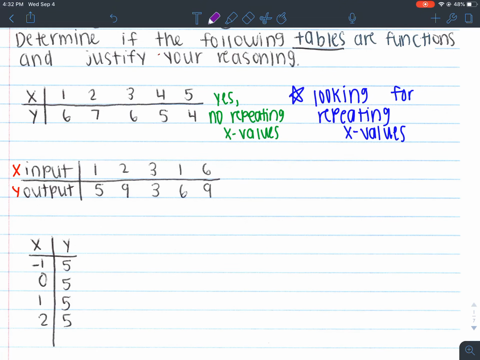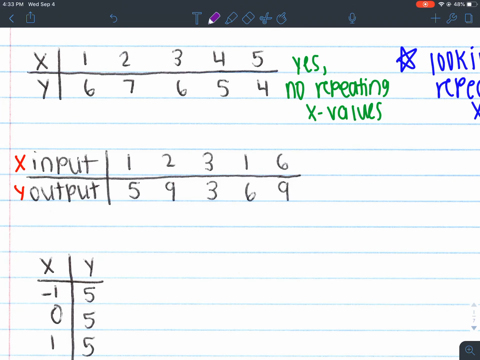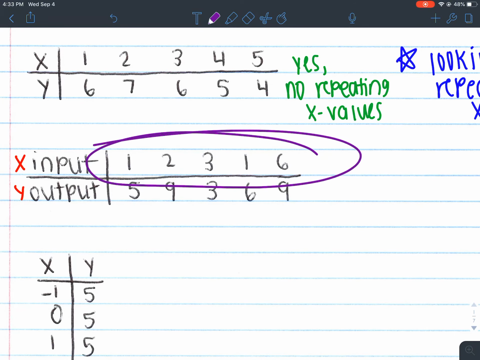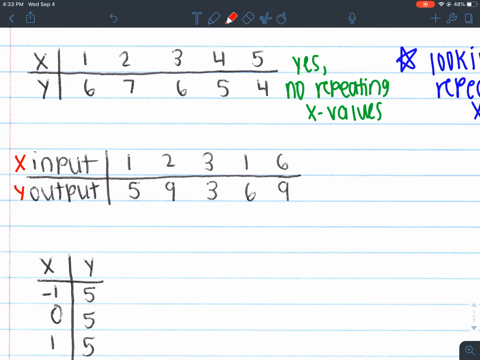The second table, we're still looking at the x values. If there are repeating x values, it's not a function. The only time it's a function is when there are none of them. My input, which are my x values, I have 1, 2, 3, 1, 6. Is this a function? No. The reason it isn't a function is because I have repeating x values. I have an x value that appears twice, 1 and 1.